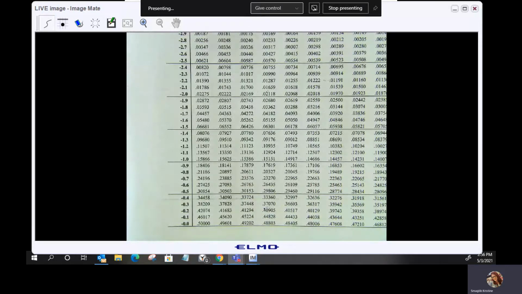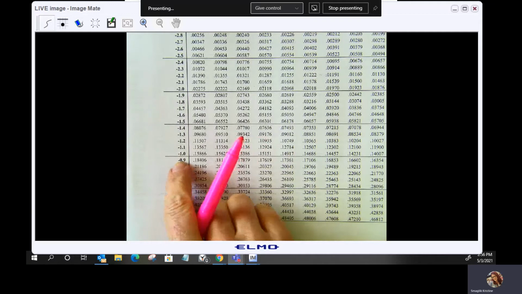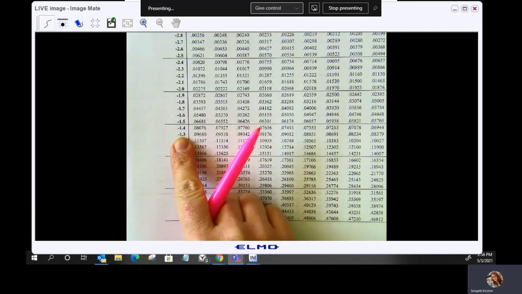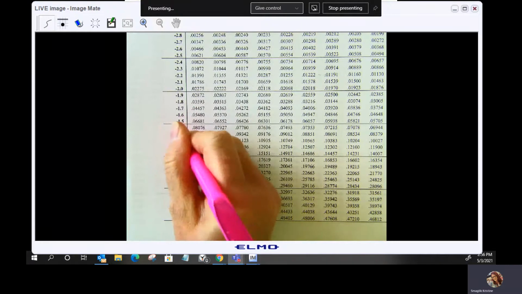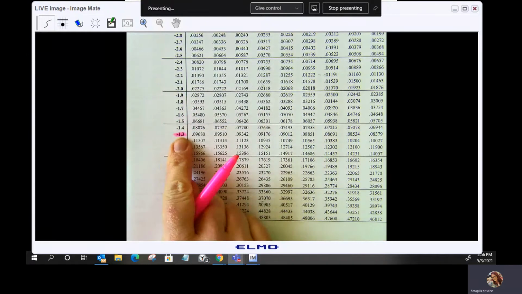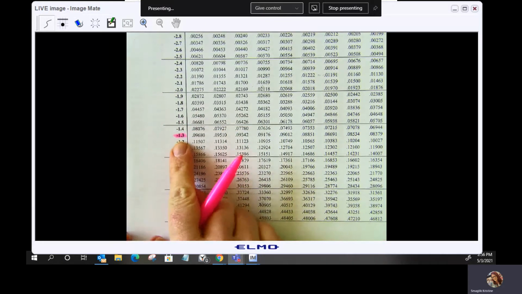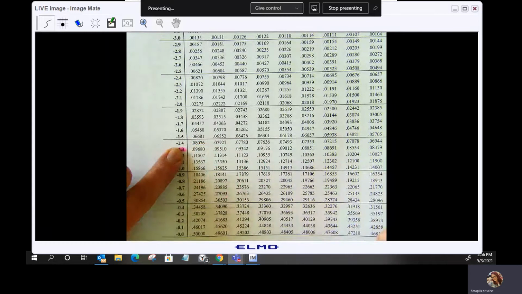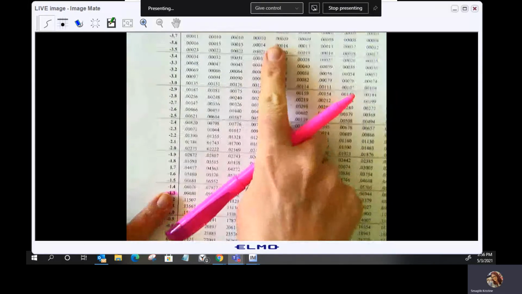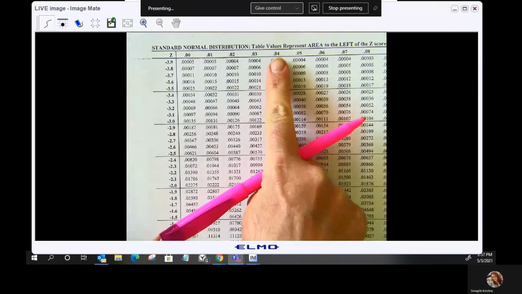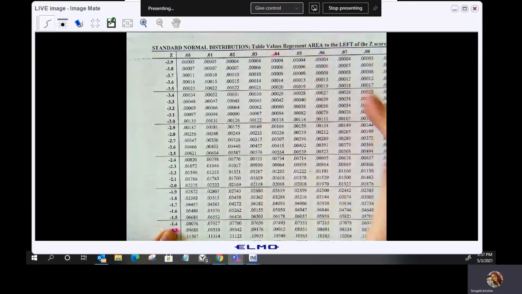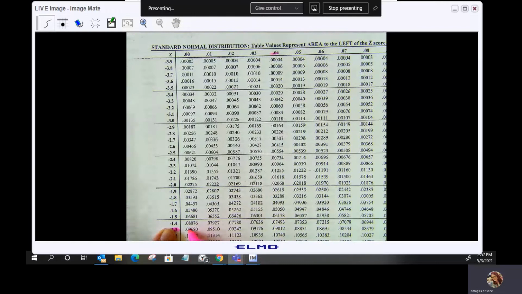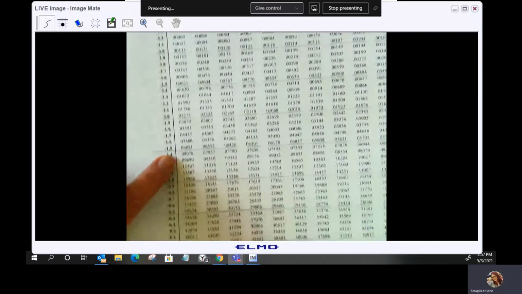So what I'm going to do is find negative 1.3, right here. Now I want my hundredths. If I look up here, there it is, 0.04. So you bring it across.